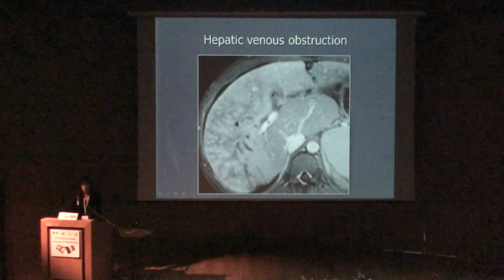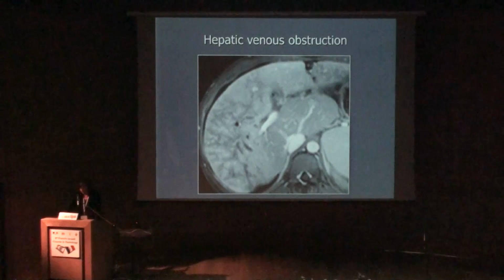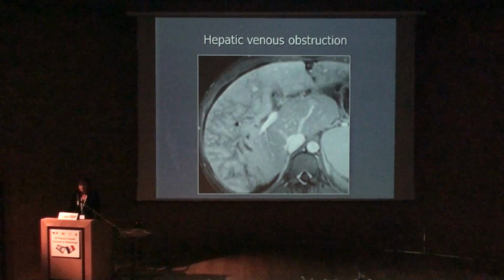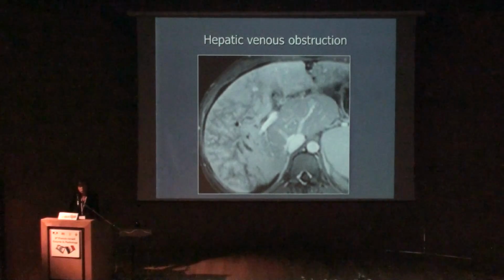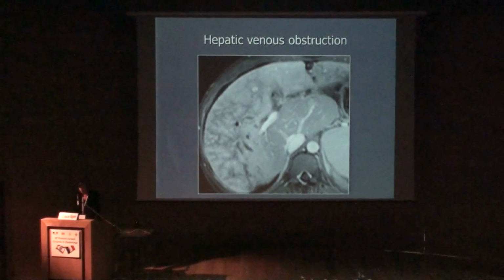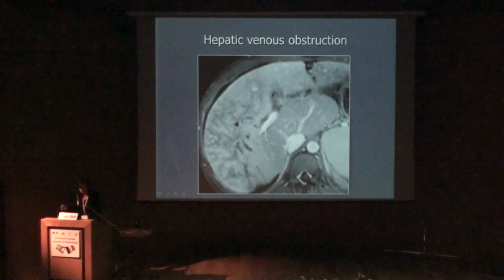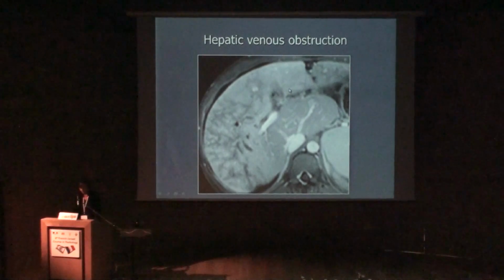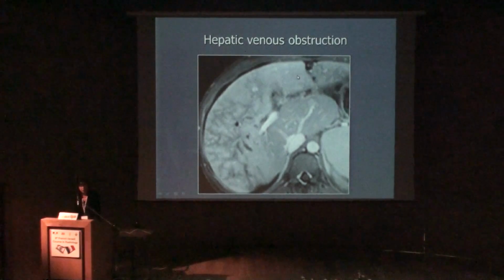And the last very important etiology for atrophy or contralateral hypertrophy is related to hepatic venous obstruction. This is an example of a patient with Budd-Chiari syndrome. This patient had obstruction of the 3 major hepatic veins, and you see here marked atrophy not only of the right liver but also of the left.